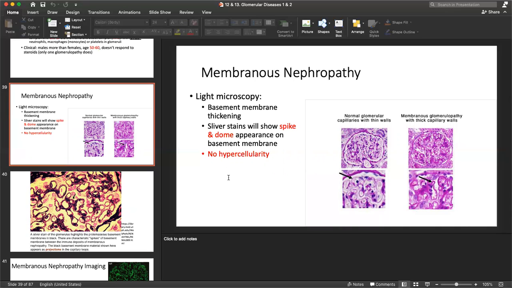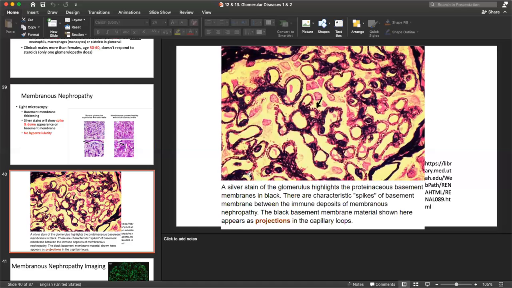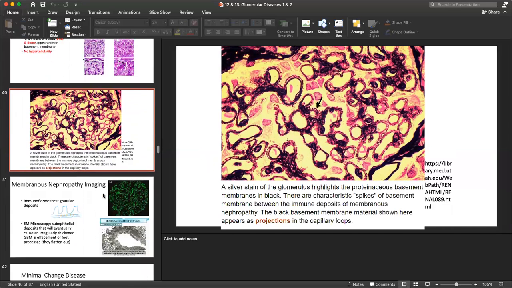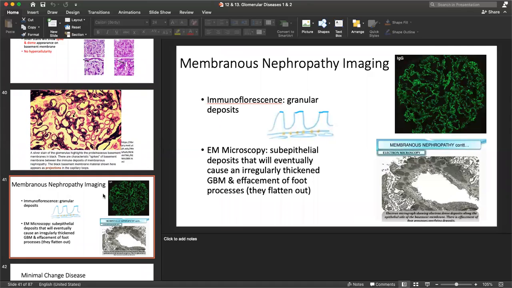There's no hypercellularity like we saw with our post-streptococcal. So here's that spike and dome appearance. We see little spikes like that, and little domes, the little projection. So this is silver stain, so we can see that it's yellow in the background. Okay, imaging is going to also be granular, like some that we've seen.